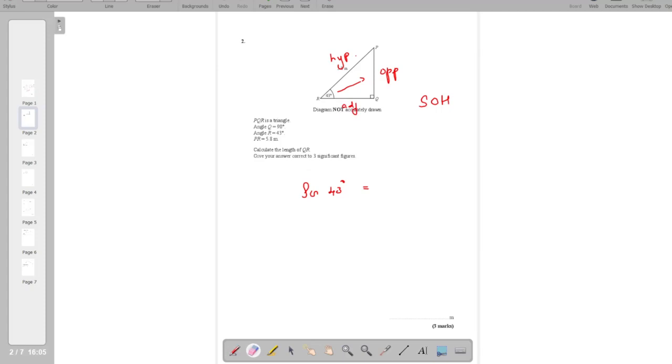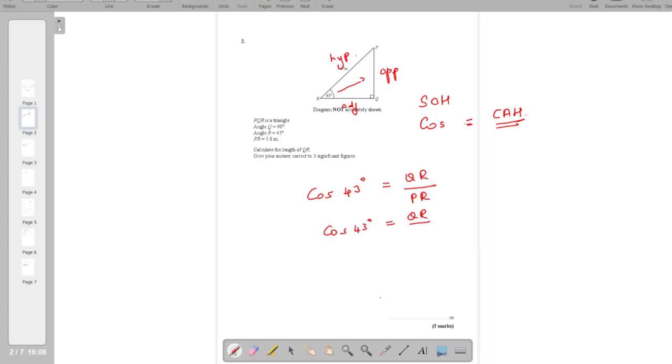So we should really use cos here. Cos is adjacent over hypotenuse. So cos 43 is QR over PR. QR we don't know.